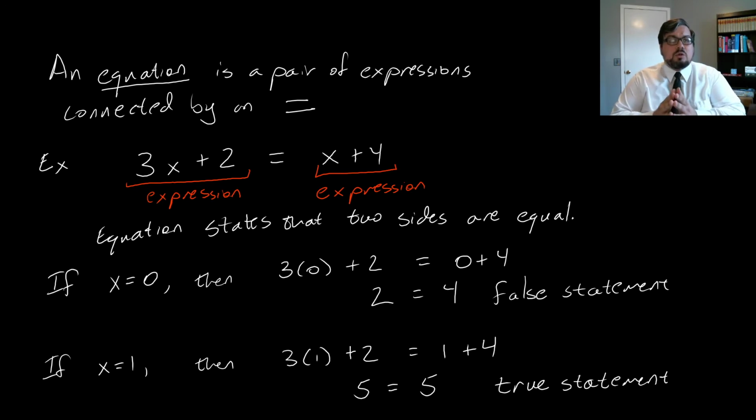This would be sort of like the statement, my father is at least 6 feet tall. Well, depending on who says that, depending on who my father is, that statement is going to be sometimes true and sometimes false. For instance, if I say the sentence, my father is 6 feet tall or more, I would be lying. That would be a false statement because my father isn't 6 feet tall or more.